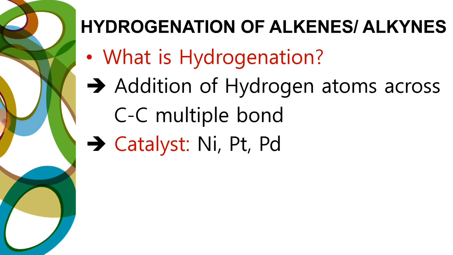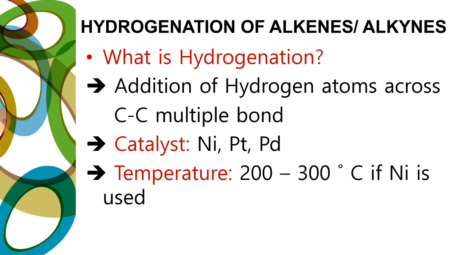Now we will discuss the reaction conditions for the hydrogenation reaction. First, the catalyst that is used during this process may be nickel, or it may be platinum or palladium. The temperature for this process is usually kept at 200 to 300 degrees centigrade if we are using the catalyst nickel.